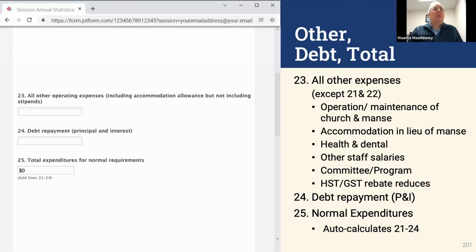So you pick up those, pick up the health and dental, other staff salary costs, any programs or committee costs. And one important thing that we had a long discussion about was in relation to HST and GST rebates. That credit that you receive would go on line 23.